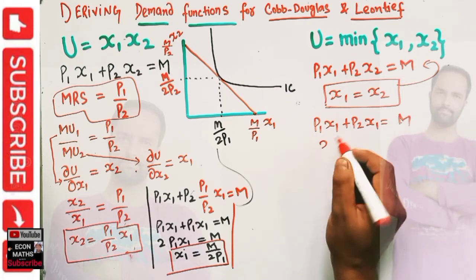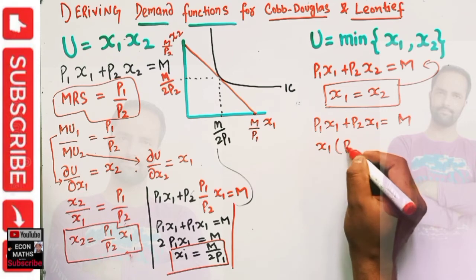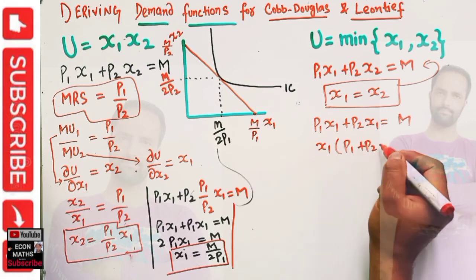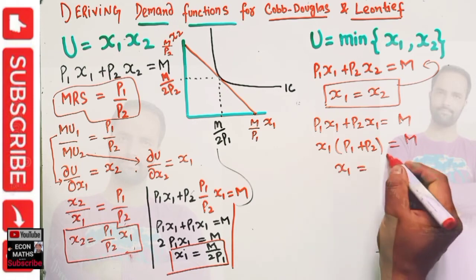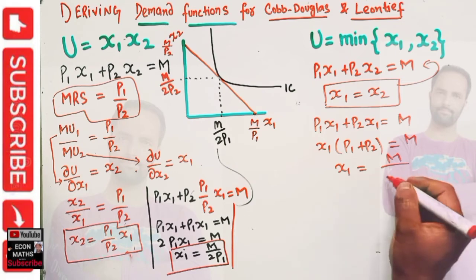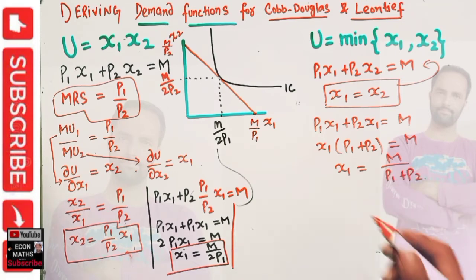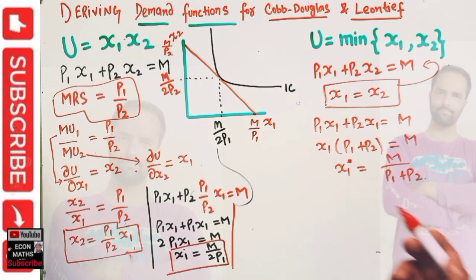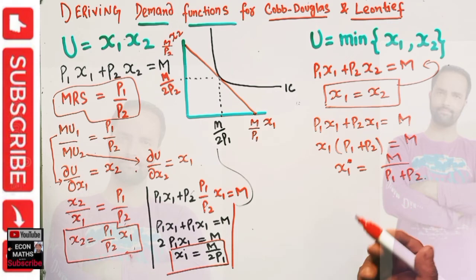Taking x1 common, we are left with p1 plus p2 is equal to m, or x1 is equal to m upon, transposing this, p1 plus p2. This will be the demand for good x1 when we have Leontief preferences.